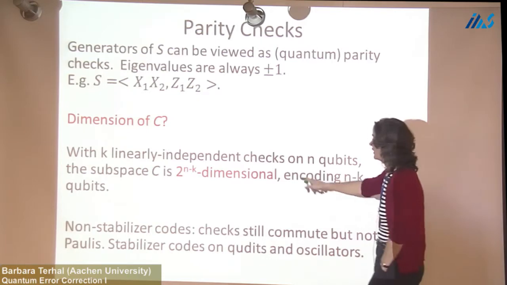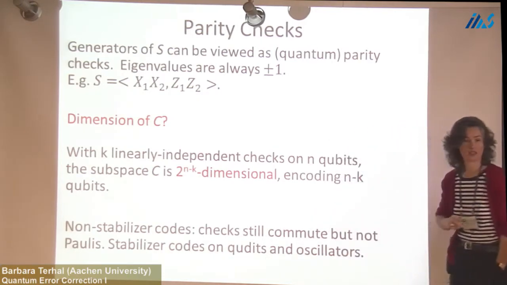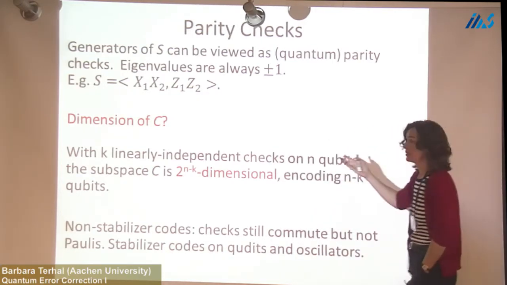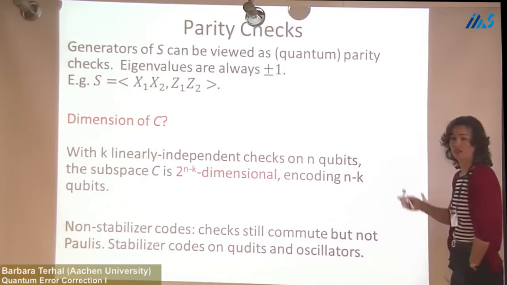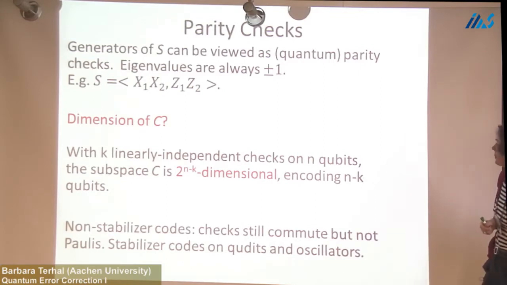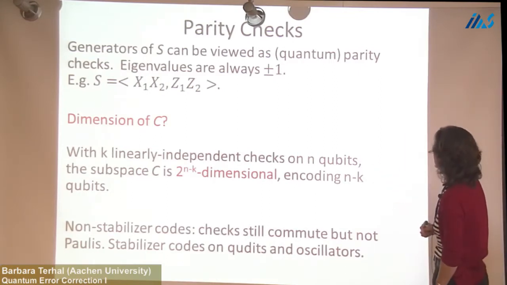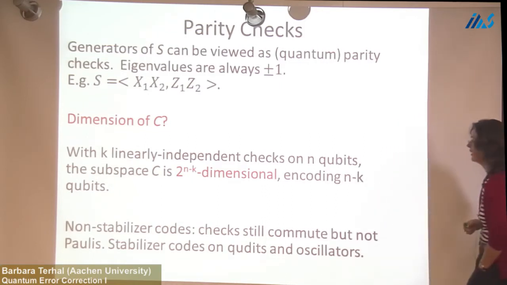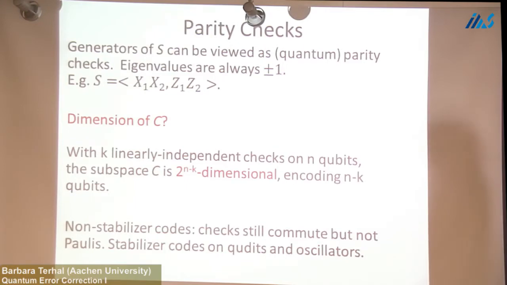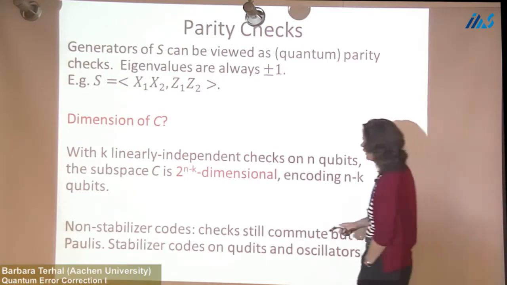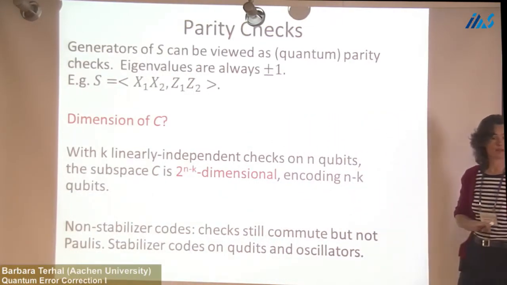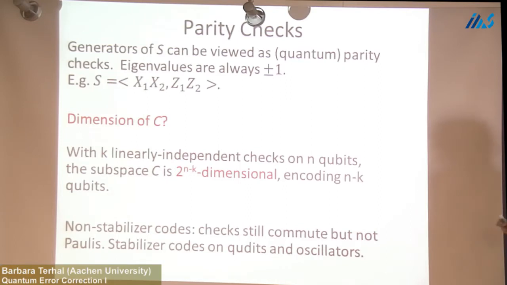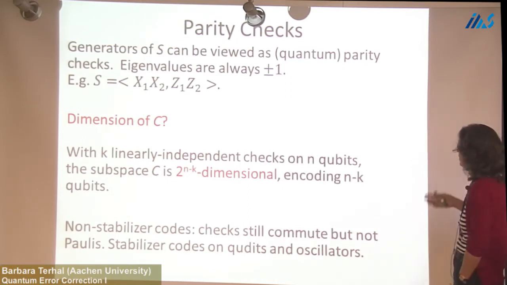If I have k linearly independent checks on n qubits, linear independence meaning that if I take products of these, I don't get another element in this generating set, the subspace is 2 to the n minus k dimensional, encoding n minus k qubits. So the subspace always has this even dimension, so it always encodes a certain number of qubits. This for more general codes is not necessarily true. The subspace can be 5-dimensional or something.